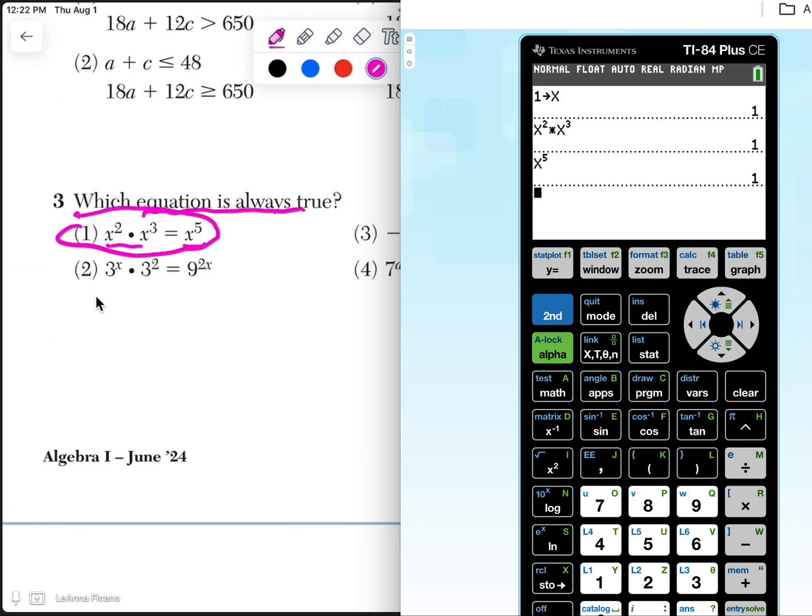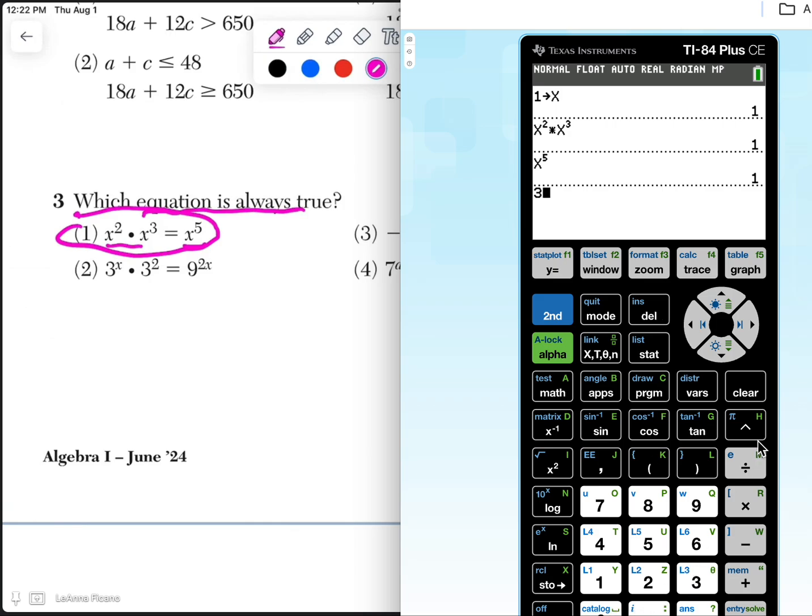Now I'm going to do number 2 here just to show you that, yeah, we got the answer right away, but if you would have tried the other ones, you would have seen that it didn't work. It wouldn't have worked out. So we'll do number 2. Now remember, I set x as 1, and it's going to stay 1 until I store a different value for x.